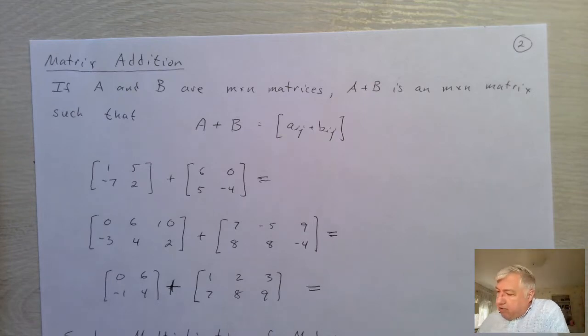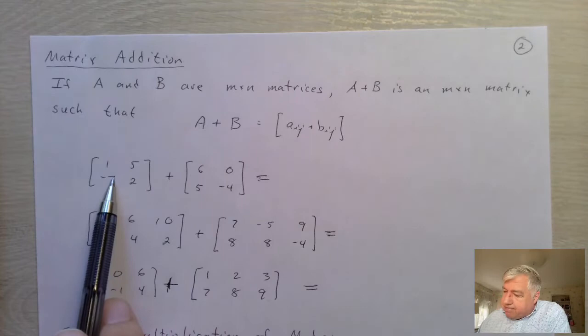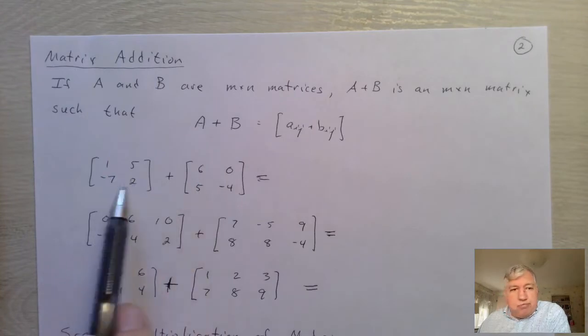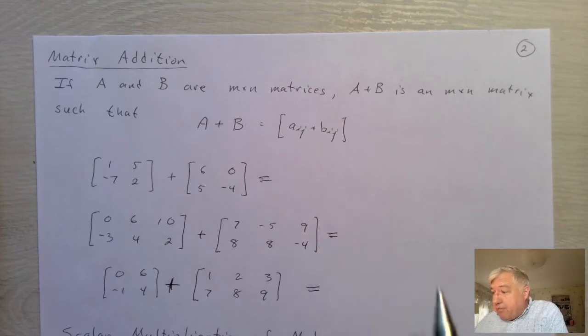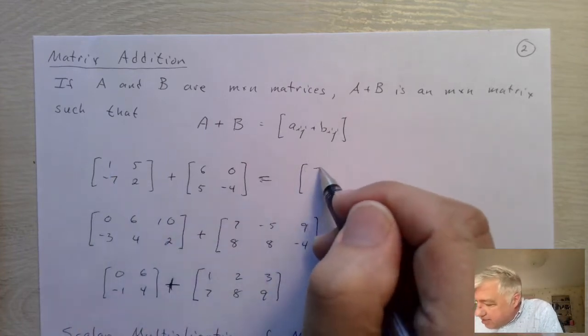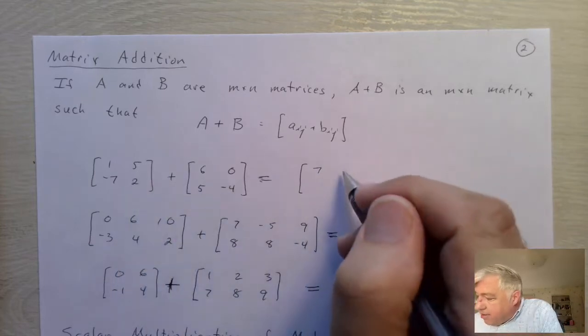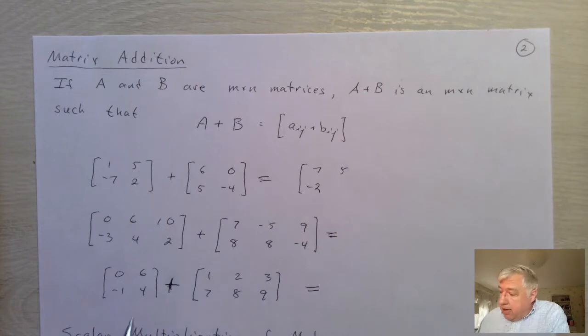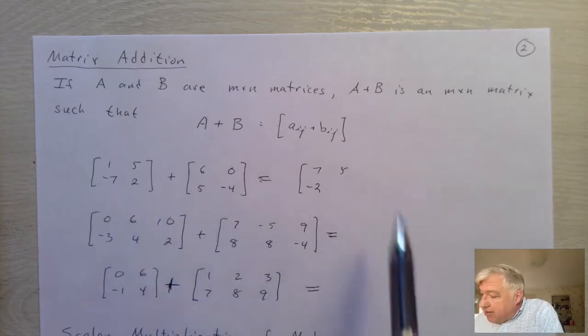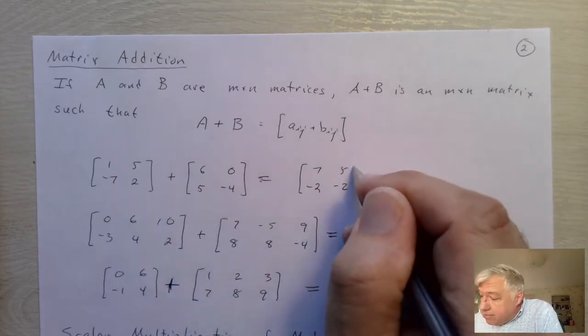So, for example, here we have two by two matrices. To add these, we just add the corresponding entries. We get 1 plus 6, that's 7. 5 plus 0 is 5. Negative 7 plus 5 is negative 2. And 2 plus negative 4 is also negative 2.